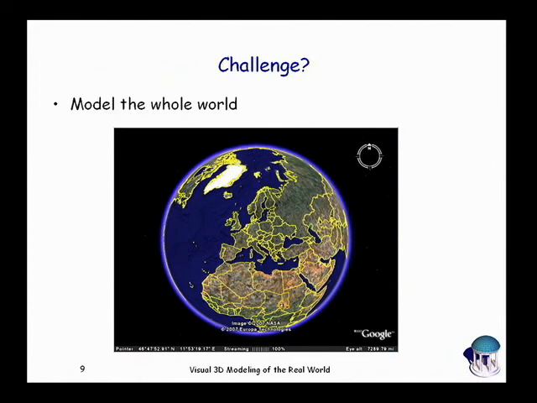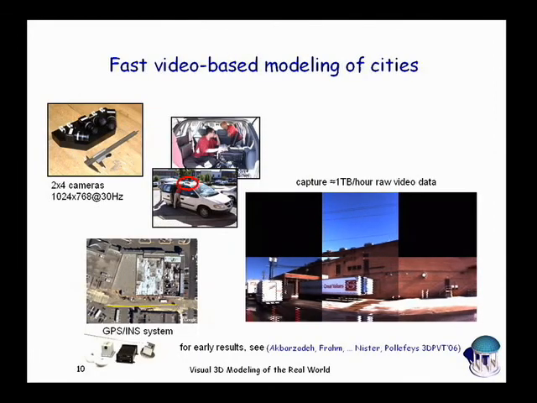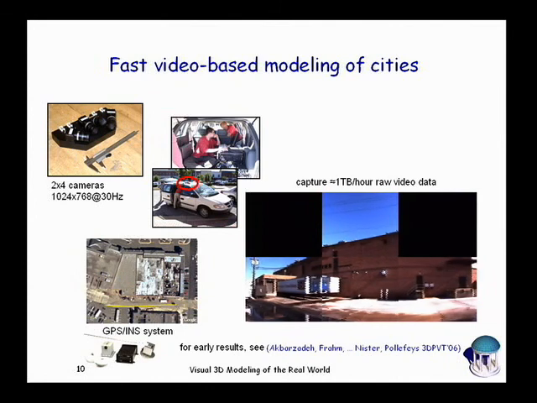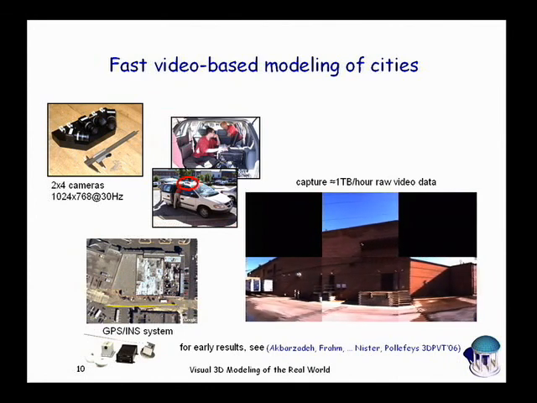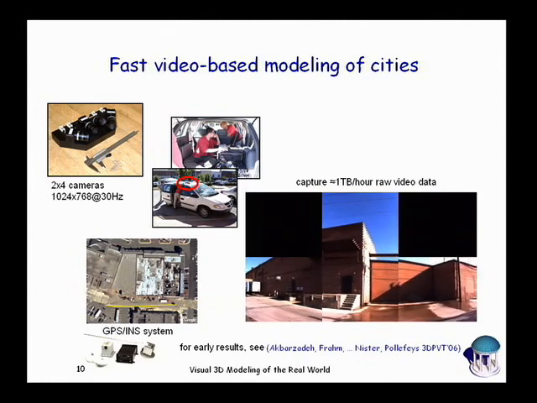I prefer to go to the real challenge, which is to model the whole world, basically. And you guys do a great job at that, at least from the air at this point. Really what we want to do is ground-based, being able to model, not only provide imagery, but really try to model everything in geometry. And there are different alternatives there.